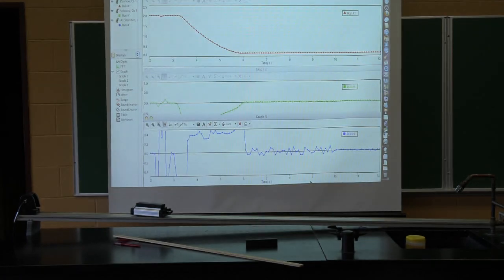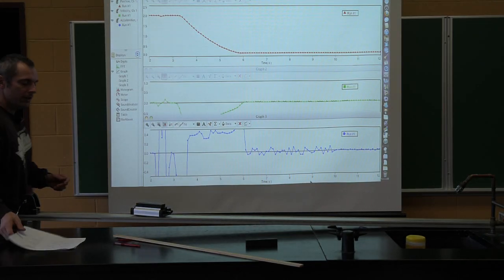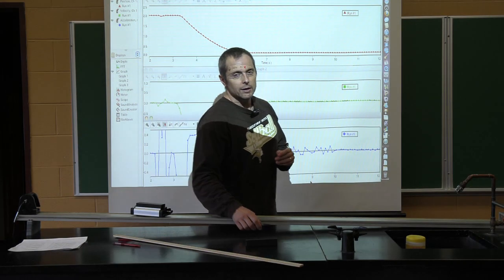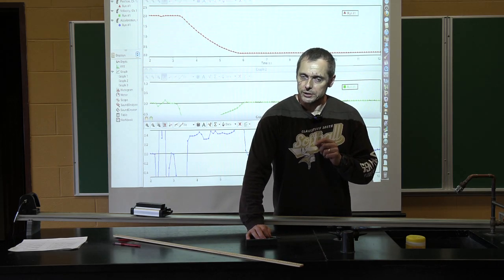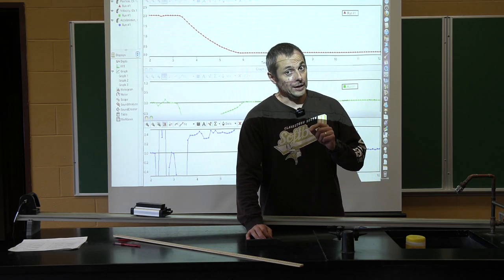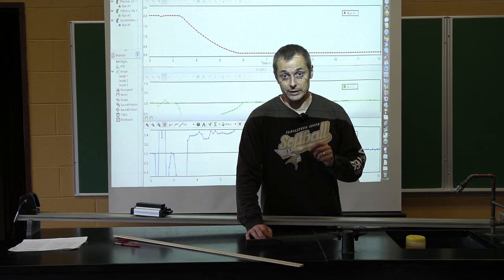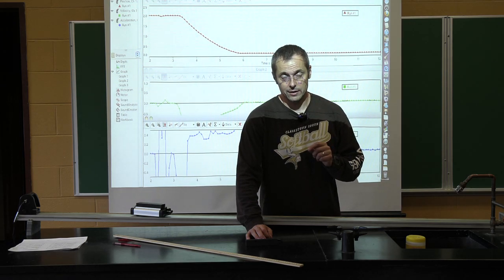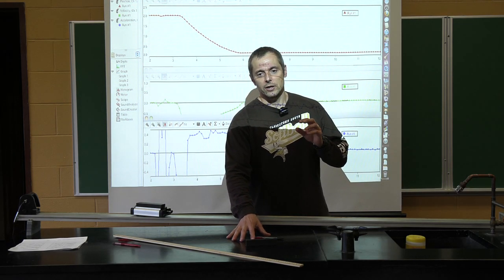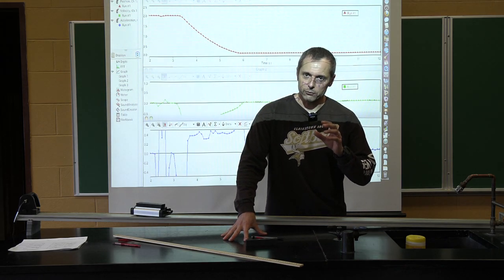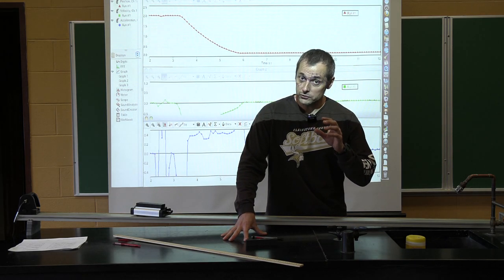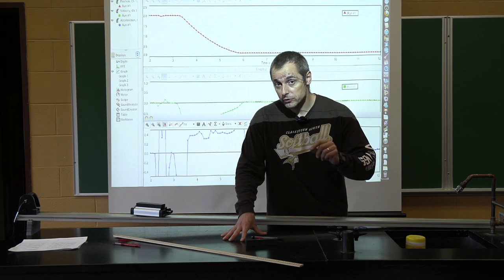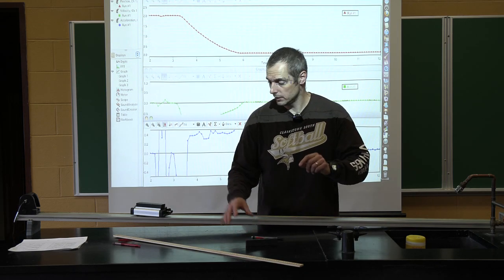So why is the acceleration positive? Well, remember, positive acceleration doesn't always mean speeding up, and negative doesn't always mean slowing down, okay? What it is that if your acceleration and velocity are the same sign, you're speeding up. If they're opposite sign, you're slowing down.